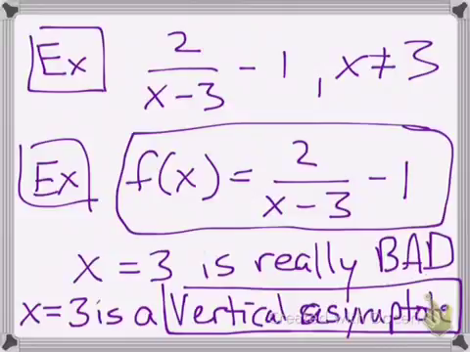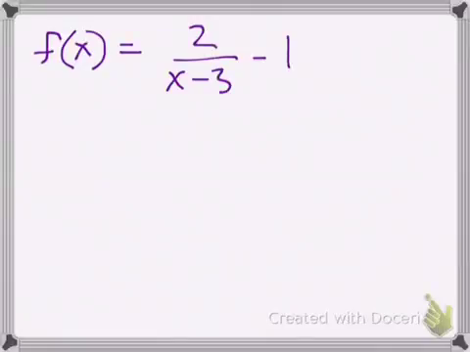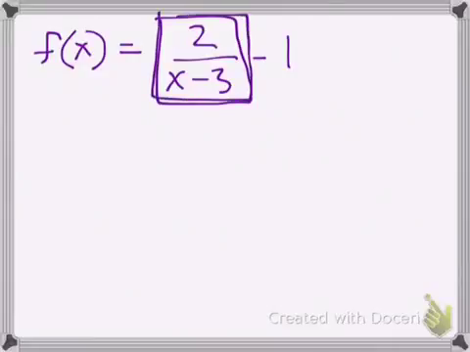Now, working with the same example, I'm going to clear this off, but we still have the same example. You don't need to write this again. 2 over x minus 3, minus 1. That's the same function that we're working with. In this expression, this part right here can never equal 0.